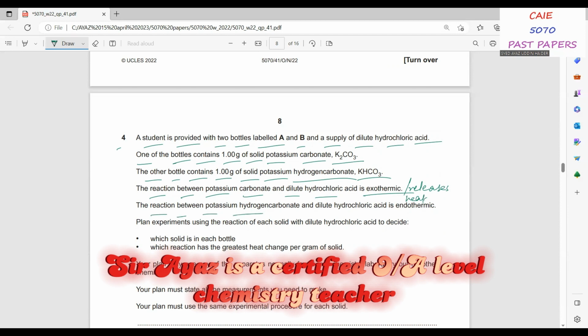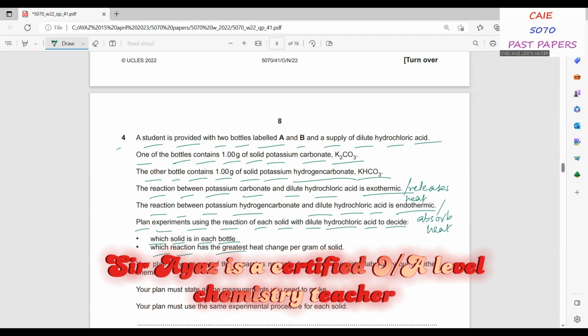The reaction between potassium hydrogen carbonate and dilute hydrochloric acid is endothermic, which means it absorbs heat. Plan experiments using the reaction of each solid with dilute hydrochloric acid to decide which solid is in each bottle.